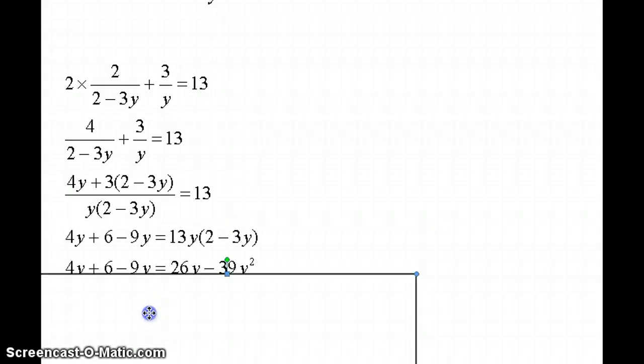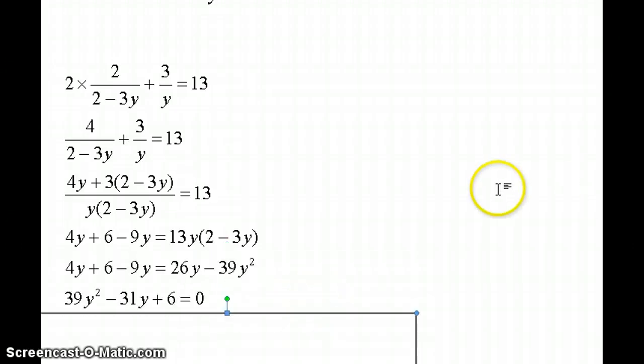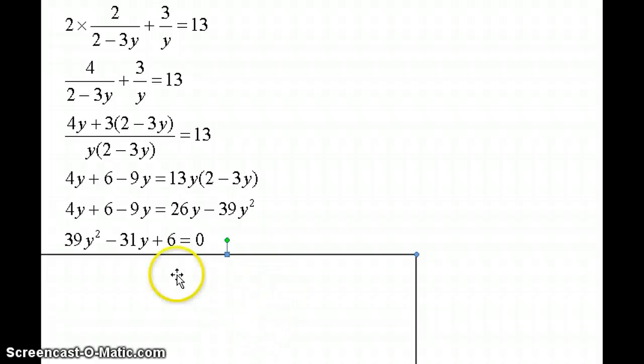So I expanded this, and I multiplied the right side and the left side by y, 2 minus 3y. So now I get a linear equation. I expand this further and simplify it, and I get a quadratic equation.